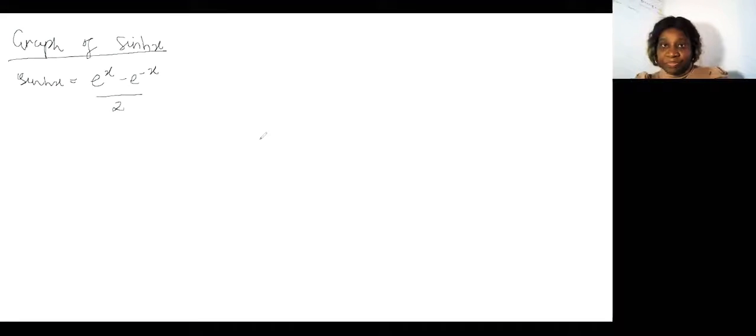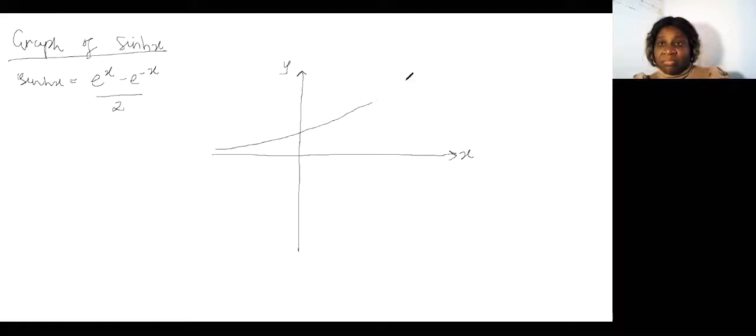So let's say you have your axes. I'm getting better at drawing these lines, x and y. You have e to the power of x. This is e to the power of x. Minus e to the power of x should have been that one going that way, but it's not going to go that way this time because it's minus e to the power of minus x.